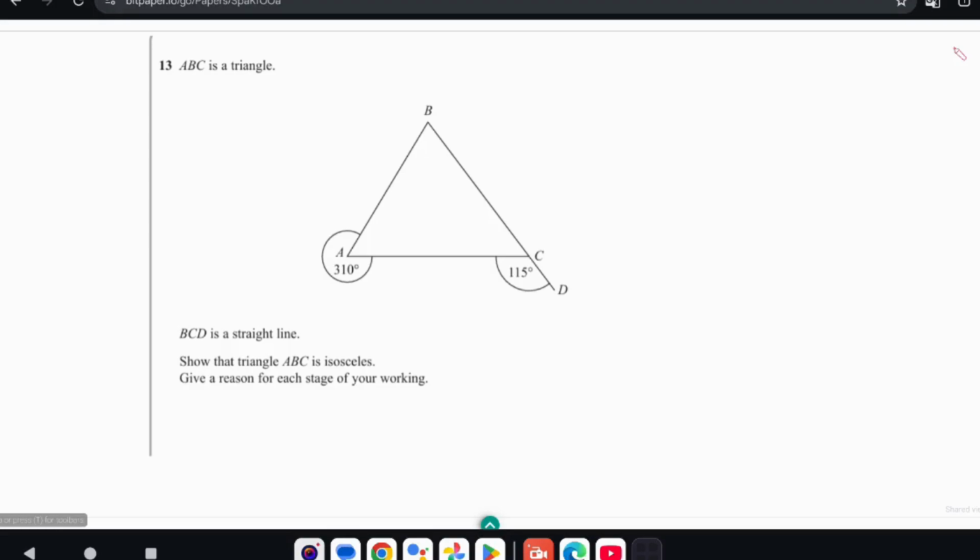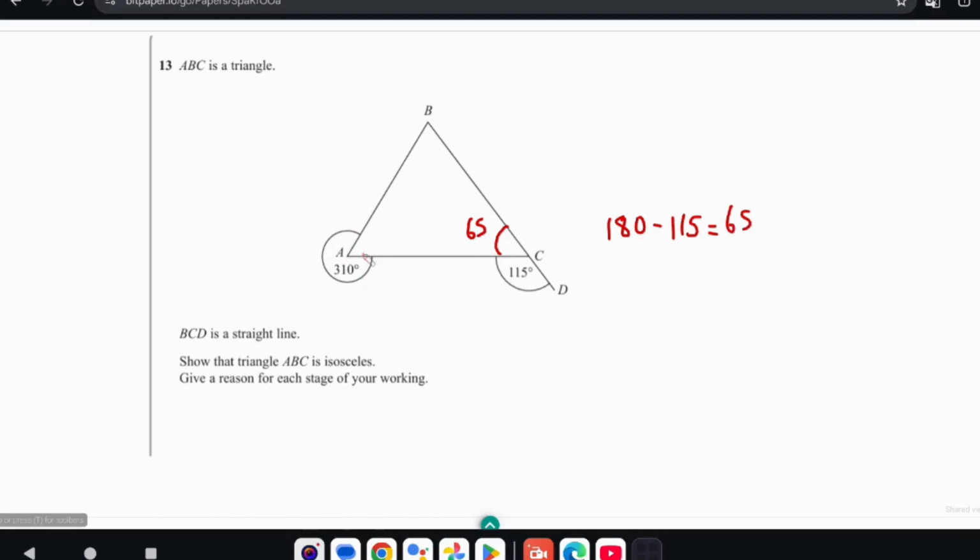Question 13. ABC is a triangle. BCD is a straight line. Show the triangle is isosceles. Angles on a straight line add to 180. 65.